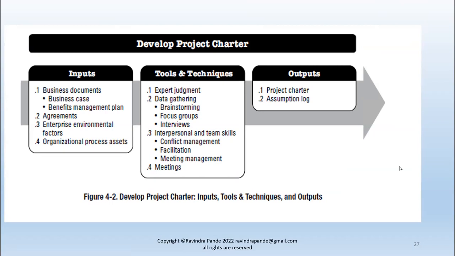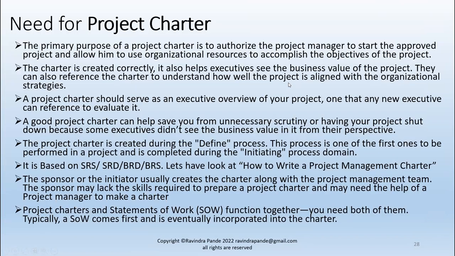So let me move to the next slide. Need for a project charter. We had a look at these things. We also had a video on how to write a project charter. There we understood that most of the time it's a copy of the SRS, or we basically include the SRS as a project charter in quite a few organizations.